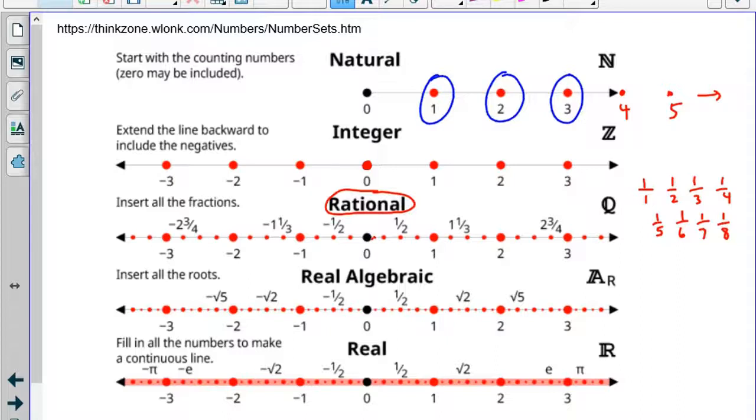But that's because these numbers are so dense that it's very hard for us to think about. If I kept zooming in on this number line really, really close, I'd still see infinite numbers of rational and irrational numbers in there. Rational numbers are just all of the fractions that have integers in the numerator and denominator.